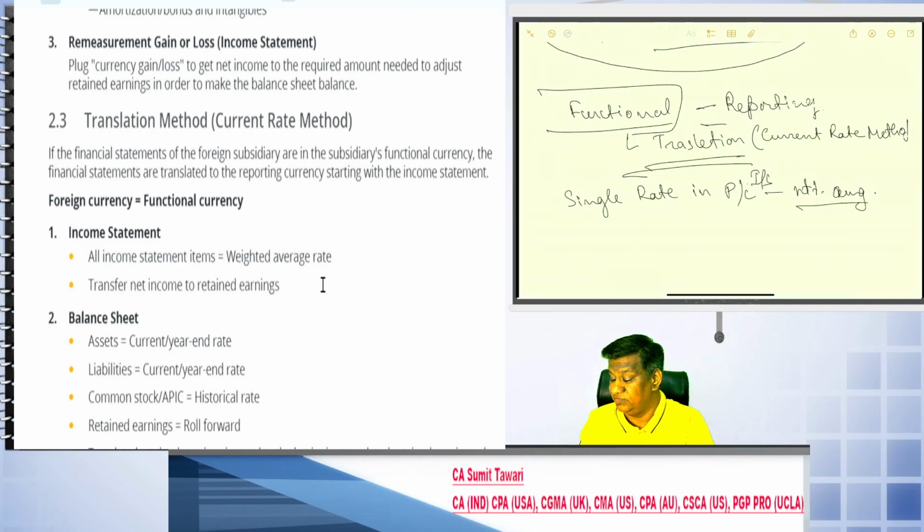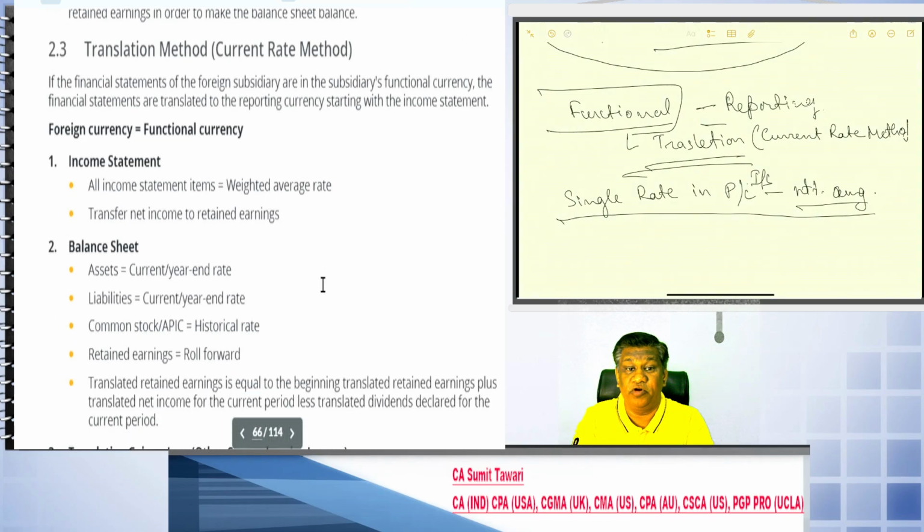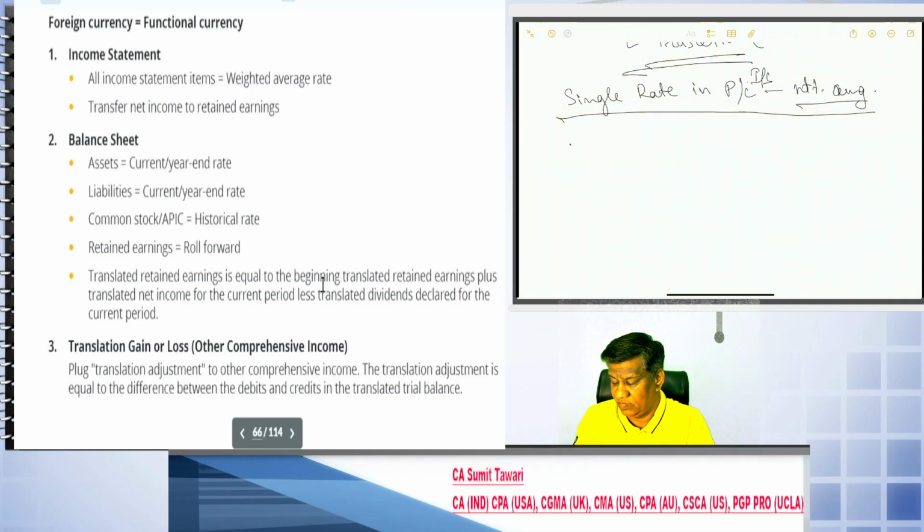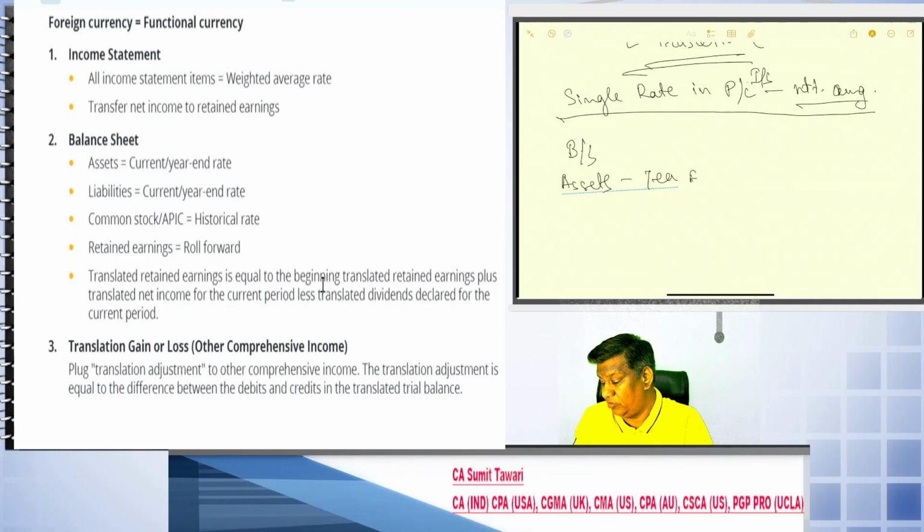In the translation method, we are using a single rate in the P&L, so there is no question of any difference. Whatever the net income is, you need to transfer it to retained earnings. For the balance sheet, now you need to see: assets at the year-end or current rate.